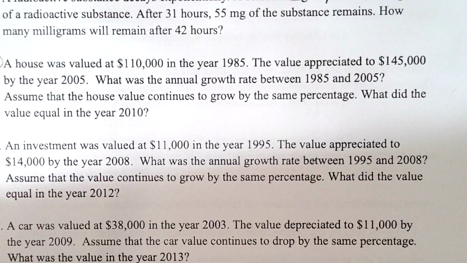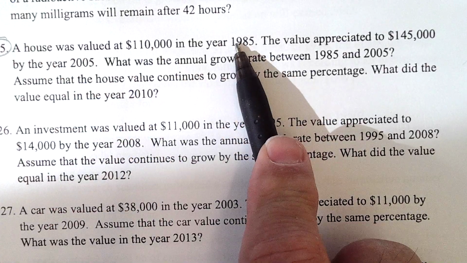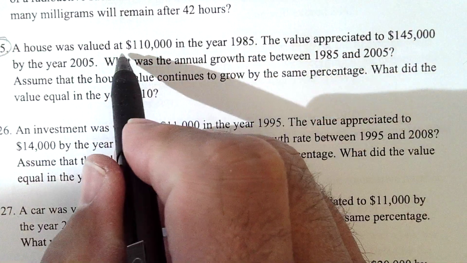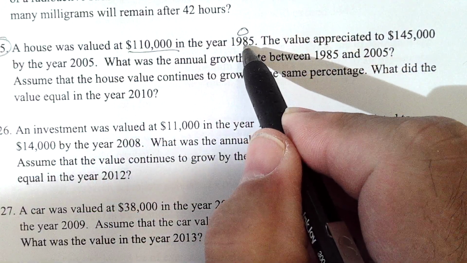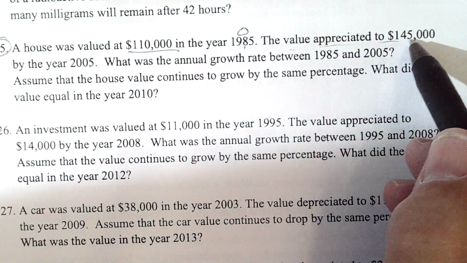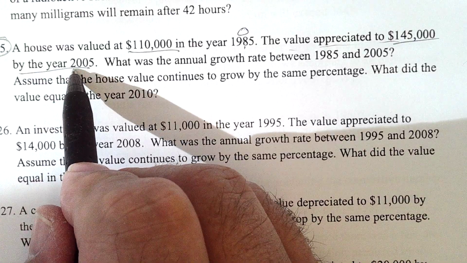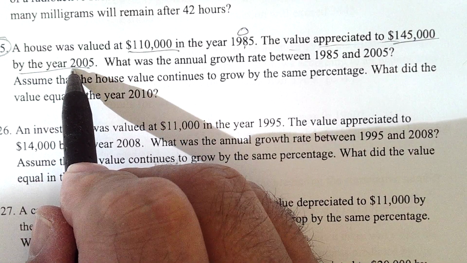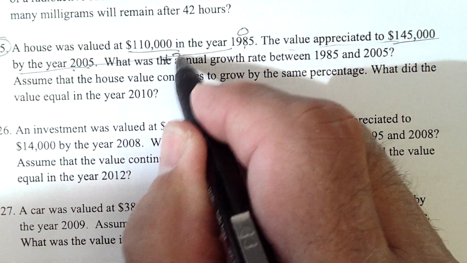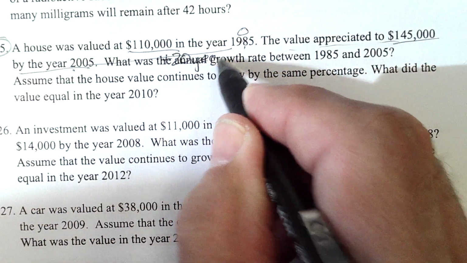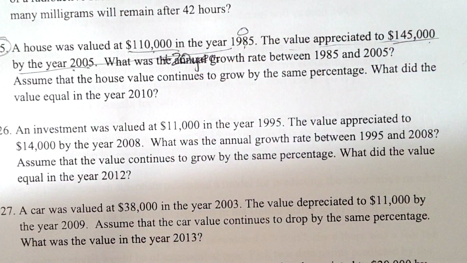All right. So what happens to a house whose value is this in 1985? Well, since this seems like a nice starting amount, we'll just call that year 0. The value appreciated to this by 2005, so that means in plus 20 years, it went from this to this. So this is going to be a growth. Base should be bigger than 1.